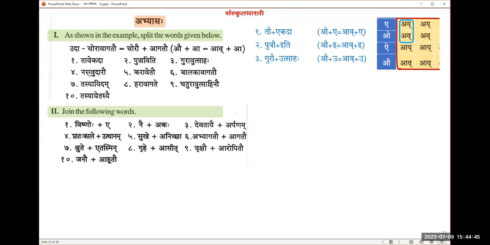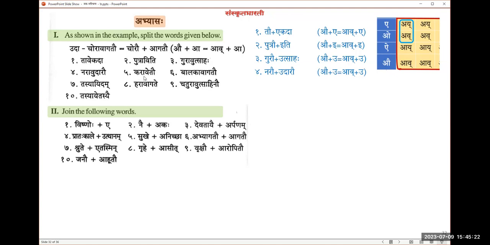We are seeing Av pattern, right? Av pattern has Au. So it has to be Au plus U. U is already there. So Narau plus Udarau. You see the process. That's why it is good when I get a student who falters, then I can show how to reverse it. So basically look for the pattern. Narau plus Udarau. So Au plus U, Au plus U.